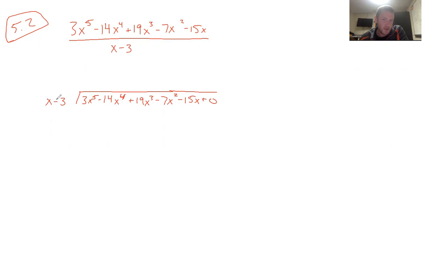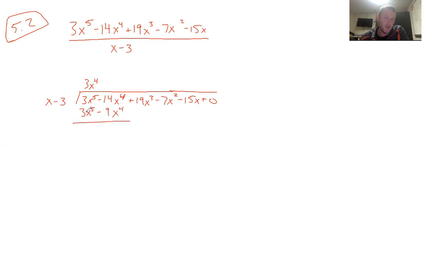Okay, so x times what is equal to 3x to the fifth? Well, that would be 3x to the fourth. Okay, and then you multiply this by this. So 3x to the fourth times x is 3x to the fifth. And then 3x to the fourth times negative 3 is negative 9x to the fourth.